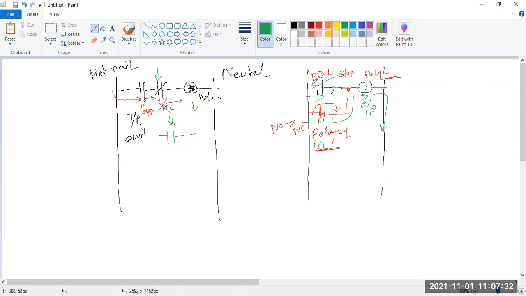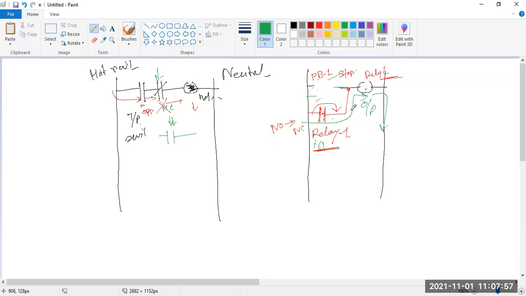Now there is no need of this push button 1. Once you push and then release it, what happens? Current is flowing through this parallel path. This path is no more required. So whenever you release, your system keeps getting supply and is in running mode.